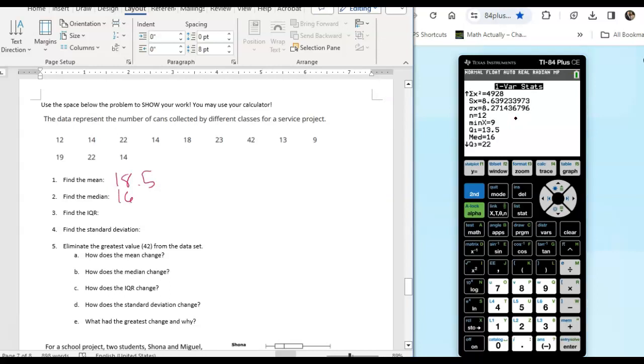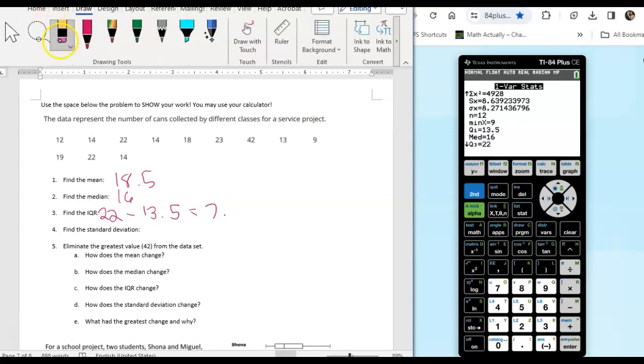And it says find the IQR, so that's 22 minus 13.5, which is going to be 8.5. And then the standard deviation. So the standard deviation, again, we're looking at population. Standard deviation is 8.27. We'll round to the nearest hundredth in most cases.